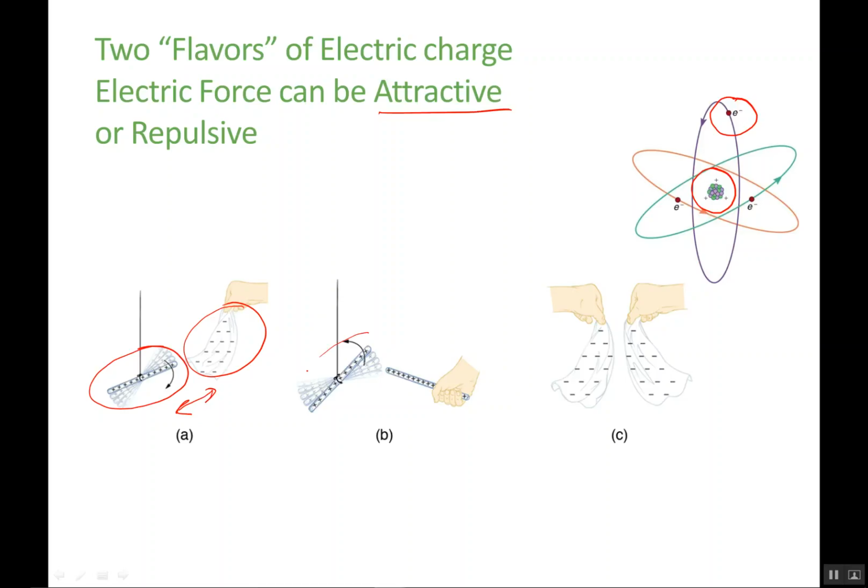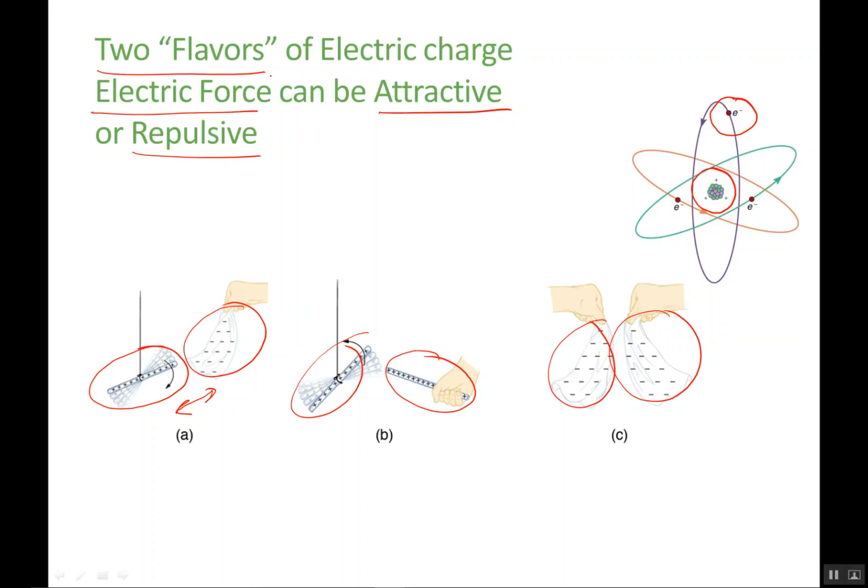On the other hand, if you have positive charge near positive charge or negative charge near negative charge, you'll see a repulsive force developed between those stores of charge. So the electric force, because there are two different flavors of charge, positive and negative, can be attractive if you're dealing with opposite types of charge, or repulsive if you're dealing with the same type of charge.